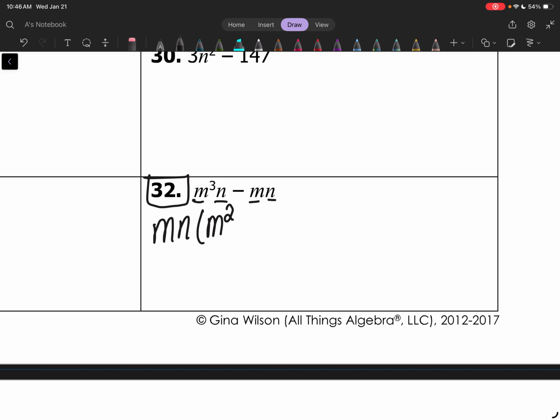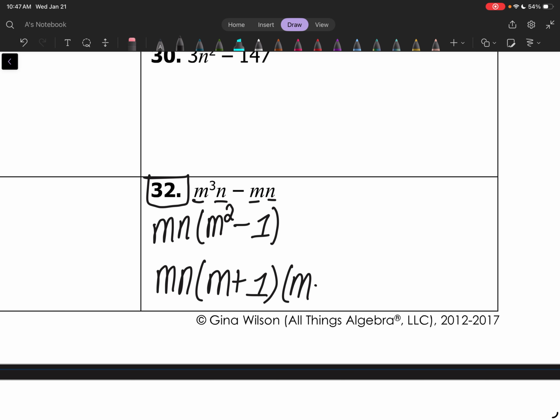I had 1 n, I pulled it out. There's no n remaining. I'm pulling out both the m and the n. The invisible coefficient, negative 1, is remaining, or mn divided by mn is 1. Either way you want to look at that, I really don't care which way you want to do it. Now this is perfect squares. So mn times m plus 1, m minus 1.